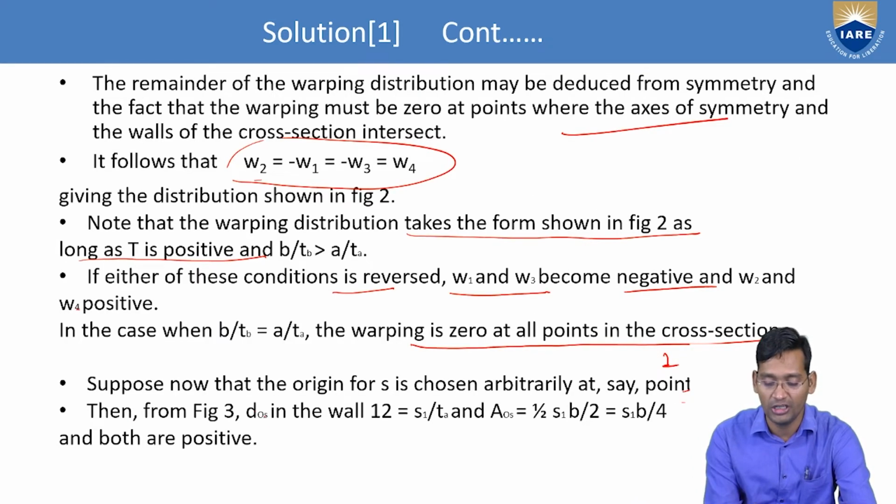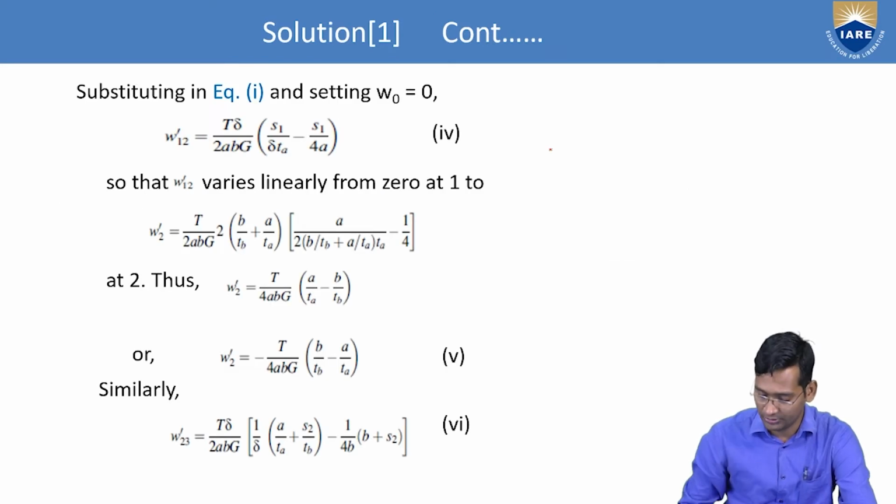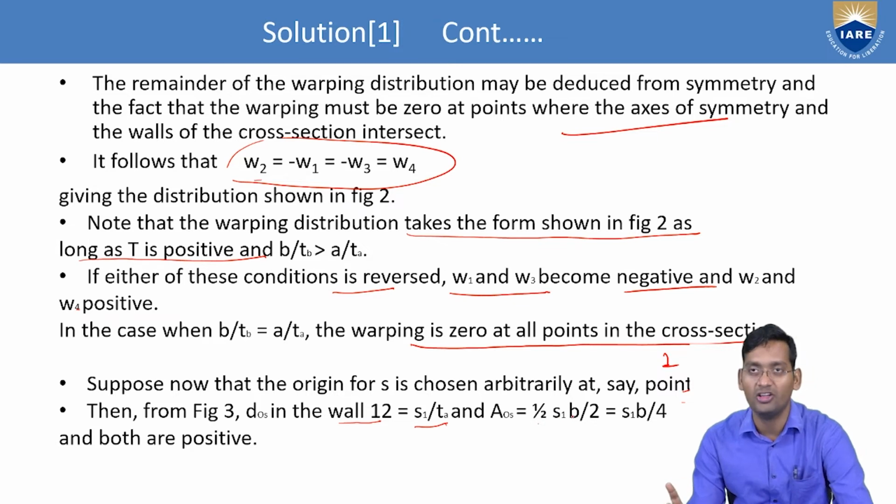Then from figure 3, DOS in the wall 1, 2 is S1 by TA. So DOS in wall 1, 2 equals S1 by TA, and AOS is 1 by 2 because of the triangle. What is the area of a triangle?